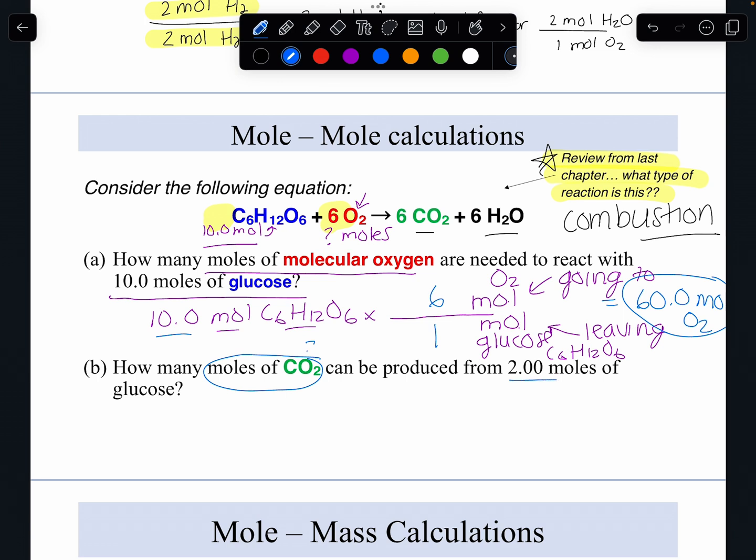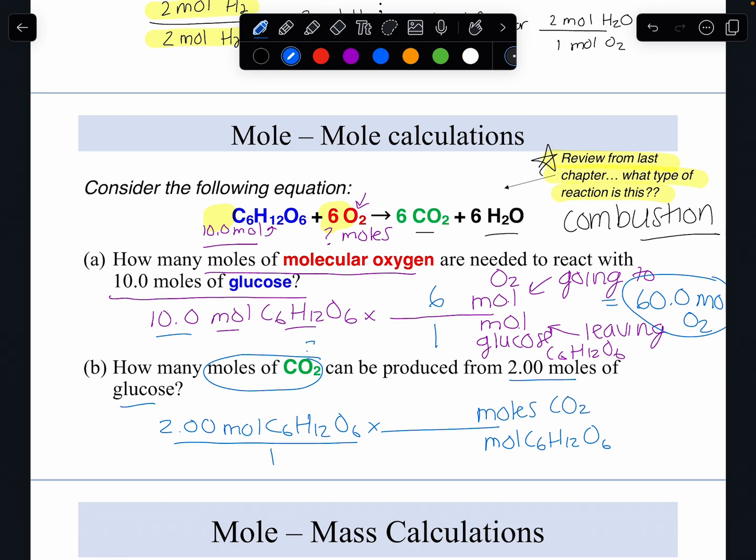How many moles, is what we're looking for, of CO2 can be produced from 2 moles of glucose? So you always start with what you're given. Since you're in moles, you can dive right into a mole ratio. The thing that you start with always goes on the bottom. Now, if you feel more comfortable putting a 1 underneath just to see the fractions in the numerator and denominator, go right ahead. And what you're trying to end in goes on the top.